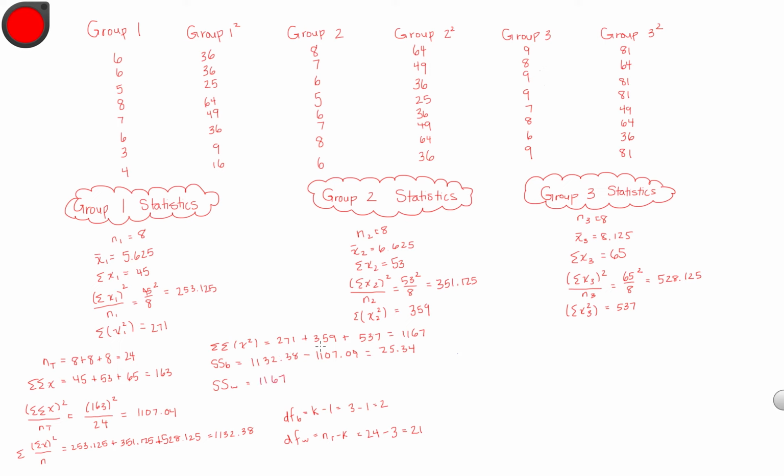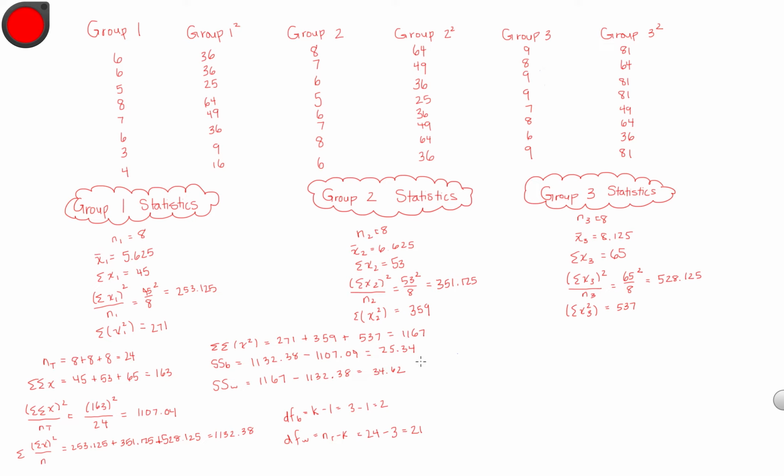Again, I'm just pulling these terms and literally just plugging them into the different parts of the formulas. 1167 minus 1132.38, which gets us to 34.62. All right, sigh of relief at this point in time because we have 99% of the work done.